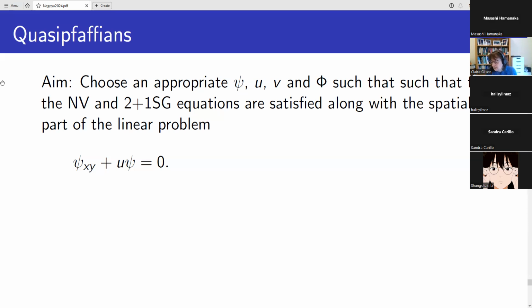I haven't got the equations. I have calculations for just this part of the linear problem, but not for the Novikov-Veselov and these other equations. But they shouldn't be too difficult to do.